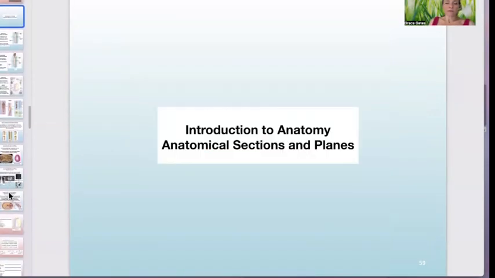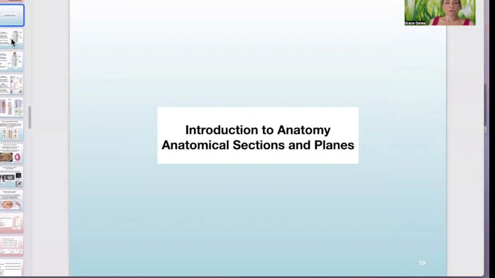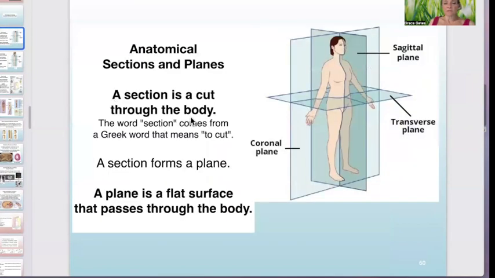Okay, introduction to anatomy. Anatomical sections and planes. And these are used all the time also. So a section is a cut through the body. The word section comes from a Greek word that means to cut. A section forms a plane, and a plane is a flat surface that passes through the body.